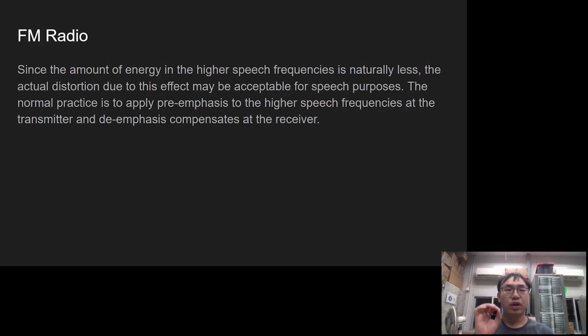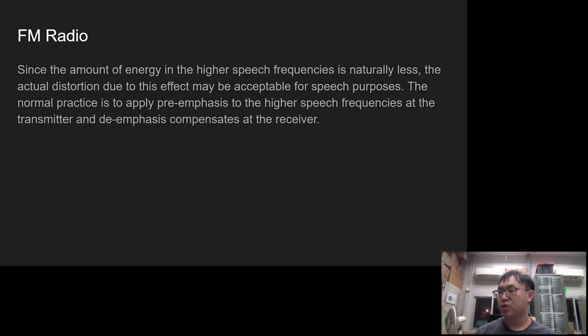And because the signal is stronger, if you don't have a de-emphasis circuit at the receiver, the voice will become very strange. You hear the high pitch will have a very strong signal. That's why we have a de-emphasized signal.